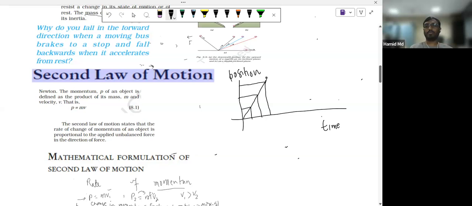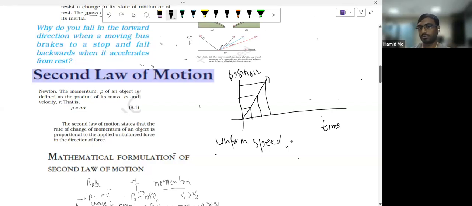So what do we term it? Uniform motion. We say uniform speed or velocity, right? If in equal intervals of time an object covers equal distance, it's called uniform speed or motion.